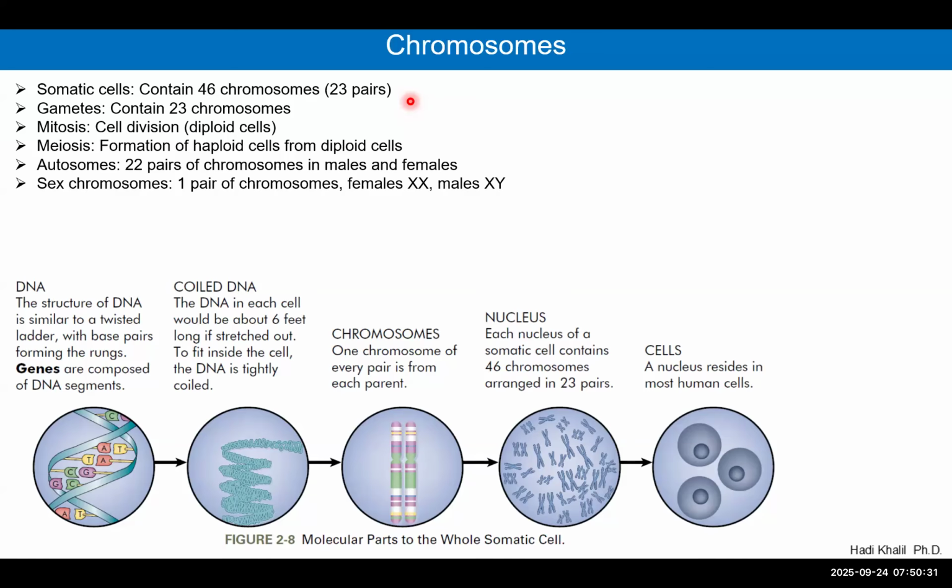Okay, now autosomes, for those who didn't study genetics, are the 22 pairs of chromosomes in males and females that are exactly the same. They perform different functions, not related to sex. However, sex chromosomes are only 1 pair, the XX or the XY, and the size of the X chromosome compared to the Y chromosome is different.